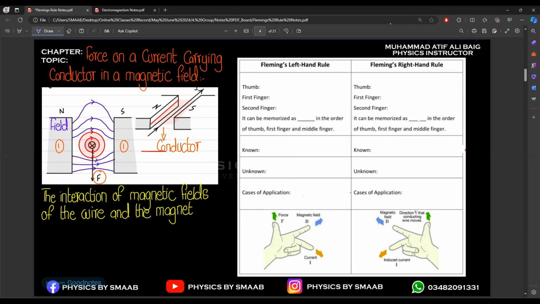So you can see these red circles show you the second magnetic field. So now we have two magnetic fields, and when these two magnetic fields interact with each other, definitely there will be some change in the direction of the conductor. So when the magnetic field of the wire and the magnet interact, it creates a force on the conductor.